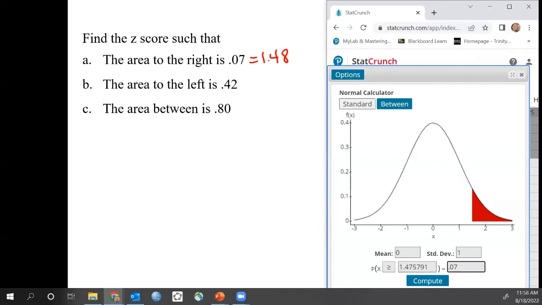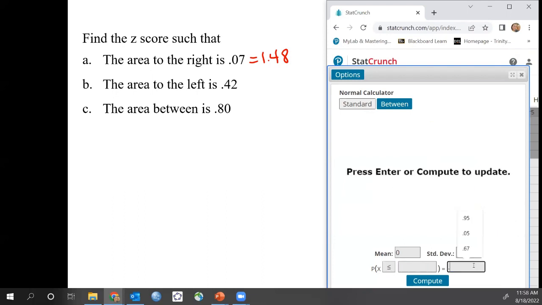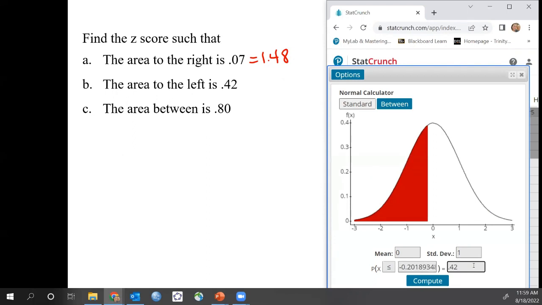Area to the left, we are going to change it to a less than symbol. And remember, area goes over here, 0.42. This one is negative 0.20.